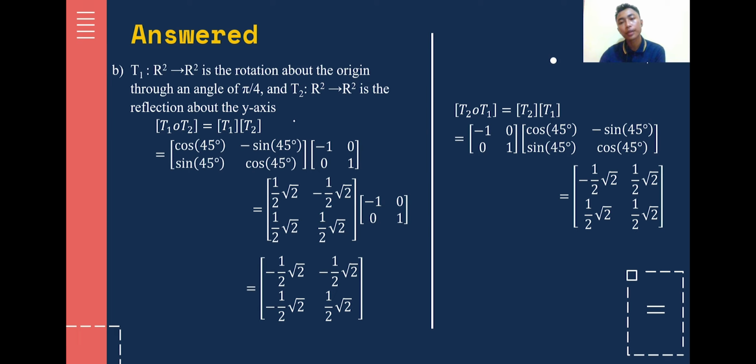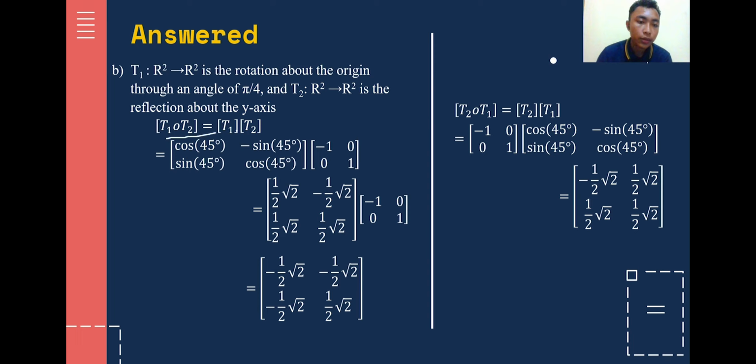So will this have the same result or not? You can see the result. T1 or T2 means we rotate the coordinate first, and after that we do the reflection with the y-axis.